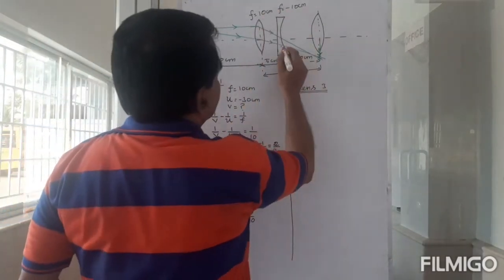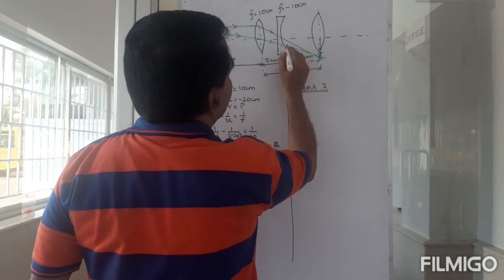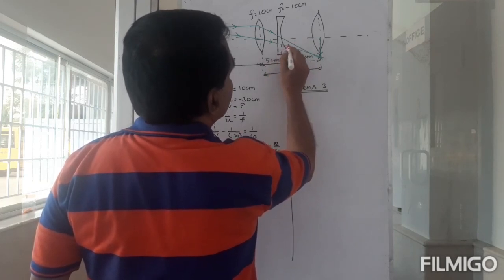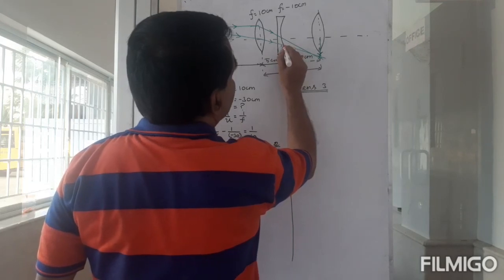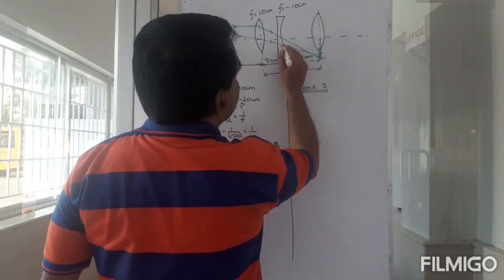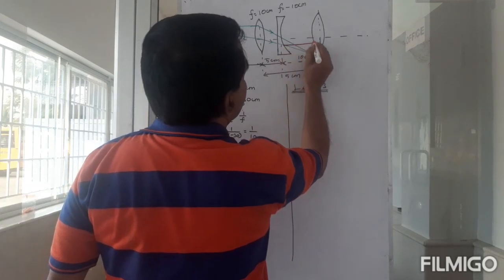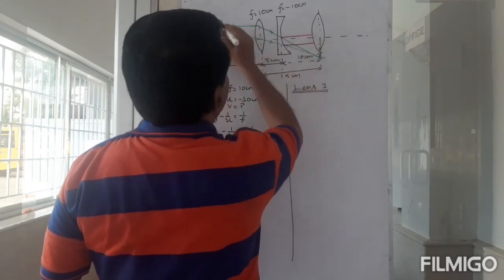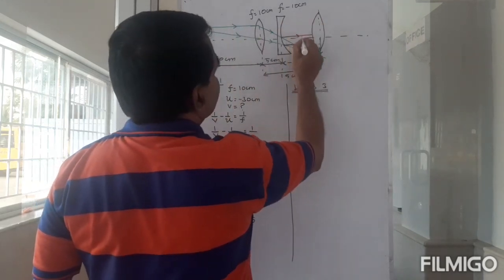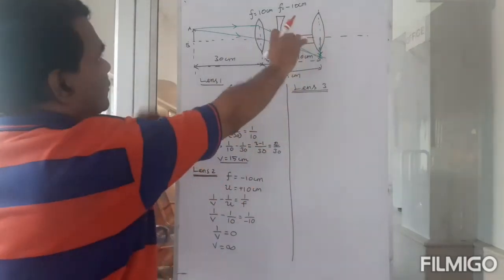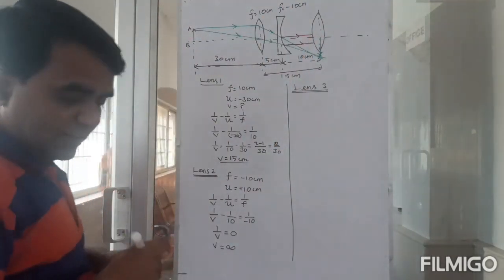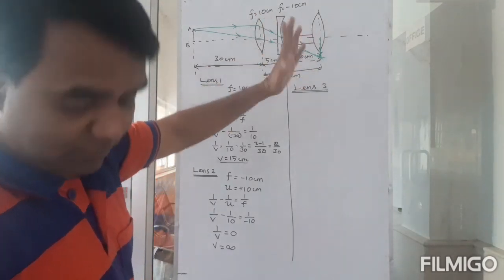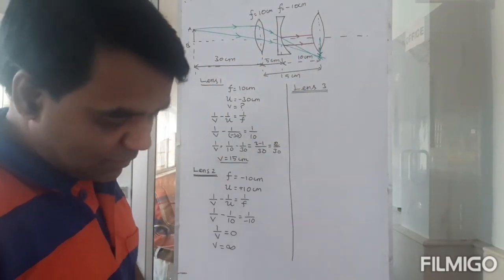This will take that, and all the other lines will go parallel from here. Only then will the image be formed at infinity, right? So this is what you get here: parallel lines there. Clearly, we will see what's going to happen.